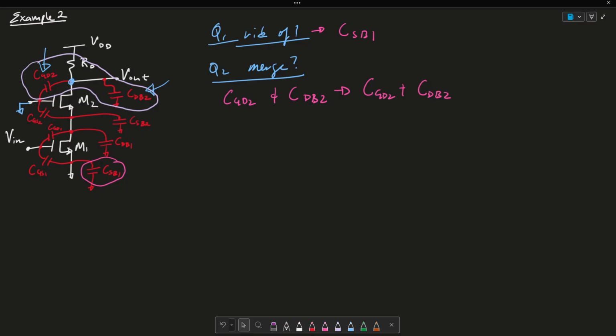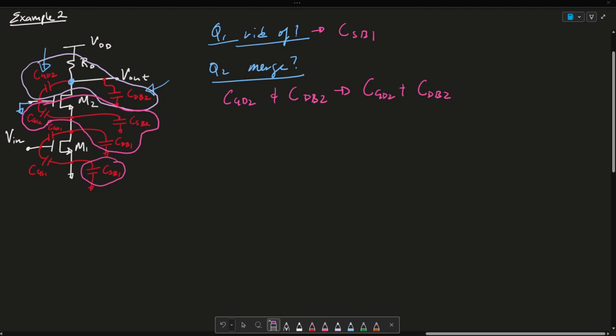So let me go ahead and write that out. So we can merge CGD2 and CDB2, which just becomes CGD2 plus CDB2. The next capacitors that we can merge, as you can see, will be CGS2, CDB1, and CSB2. So the one I just circled.